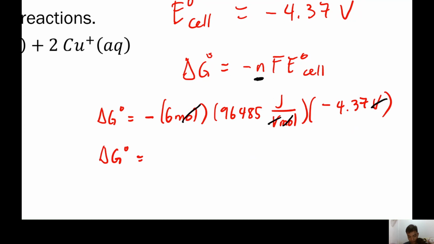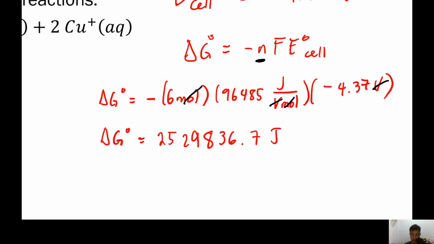In joules, the answer will be 2529,836.7 joules. However, usually energies are reported in kilojoules, so we have to divide this by 1000.